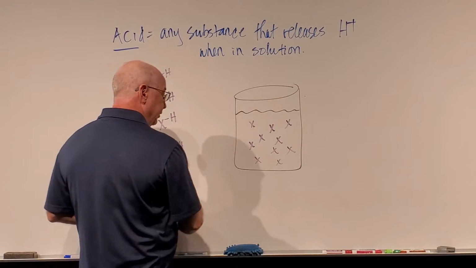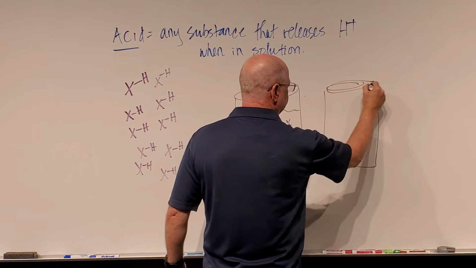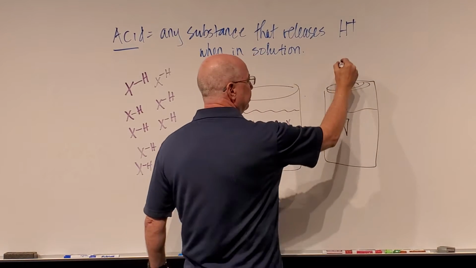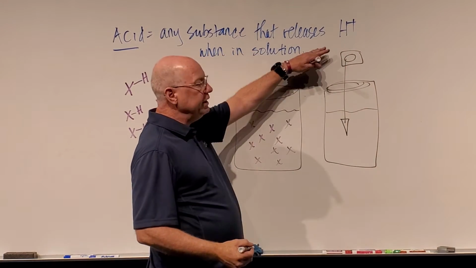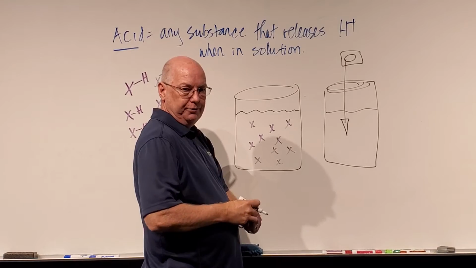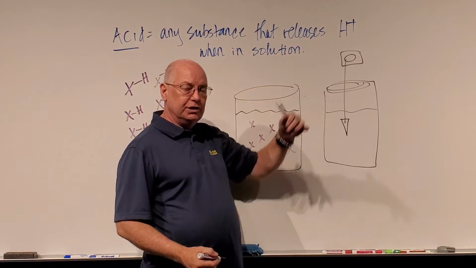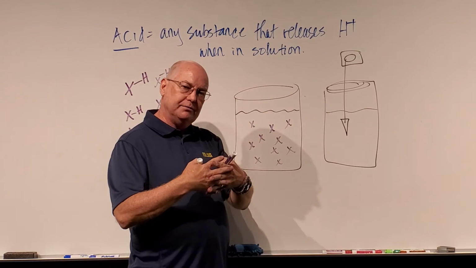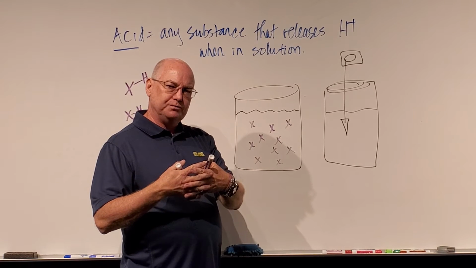Actually, before I do all that, if I have the same jar of water and I put a little probe in here that can measure and tell me on some little screen how many free hydrogen ions are floating around. When I say free hydrogen ions, I mean hydrogen ions that are not associated in a covalent bond with another substance.